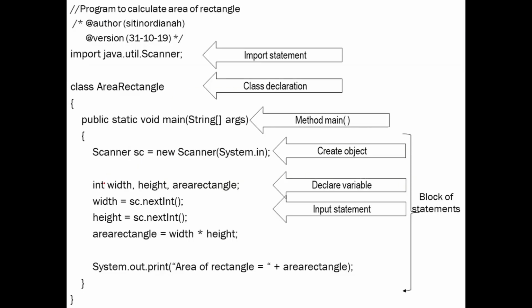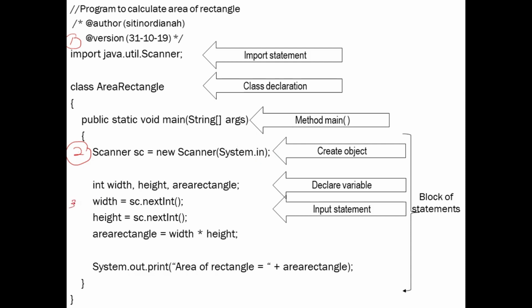You see the next example. If you have an input statement, you first need to write the import statement, which is import java.util.Scanner, and then you need to create the object, Scanner sc equal to new Scanner in bracket System.in semicolon.